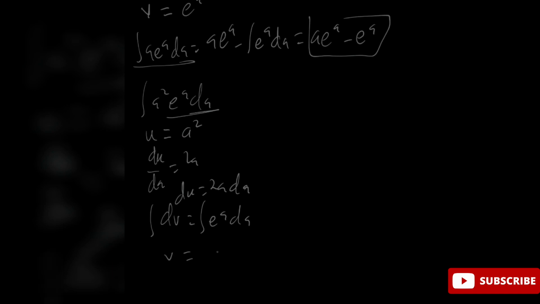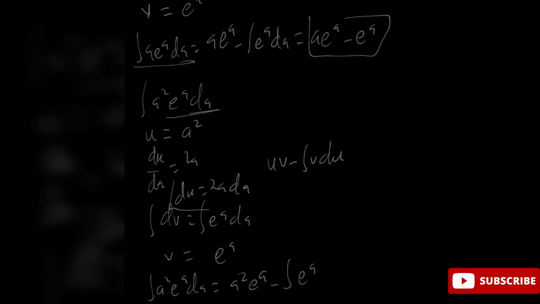Integrate both sides, we get v equals e power a. So that means the integral of a squared e power a da, going by the formula, is uv minus the integral of v du. u, which is a squared, v is e power a, minus the integral of e power a. In this case, du is now 2a da.